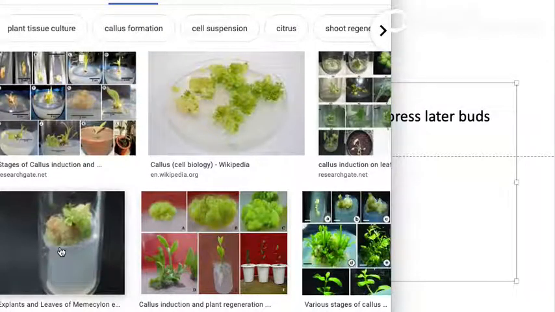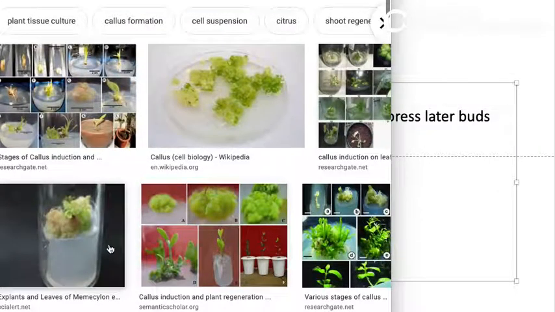cells. Keeping this in mind, scientists have done experiments where they took just a piece of the plant and placed it in a medium containing all the growth hormones including auxin.